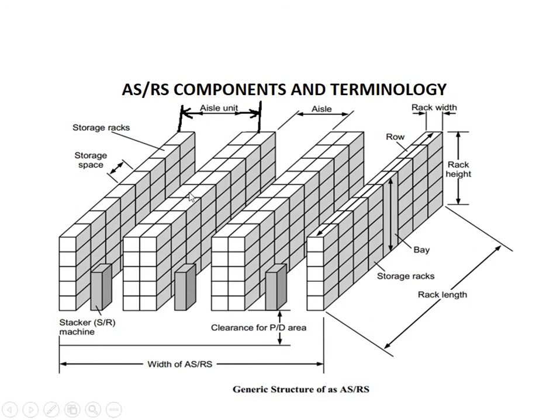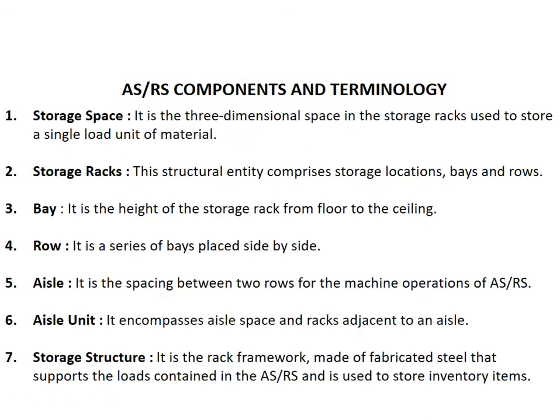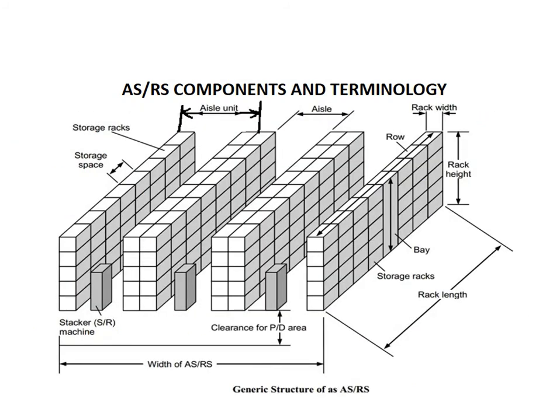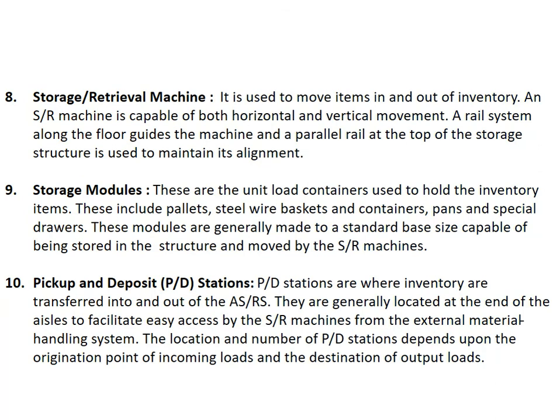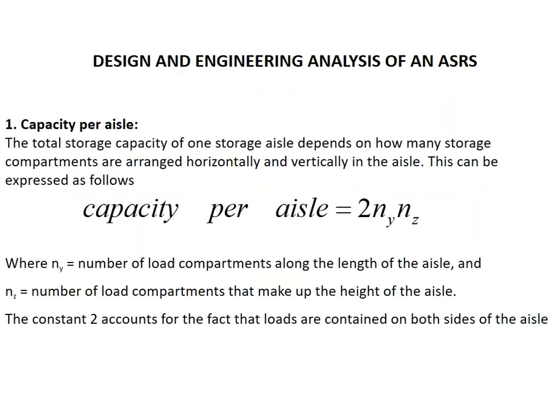I'm not giving much weightage to this, but anyway, you can go through this and understand it. Even the definitions are there with this diagram. You can go through it and understand it.